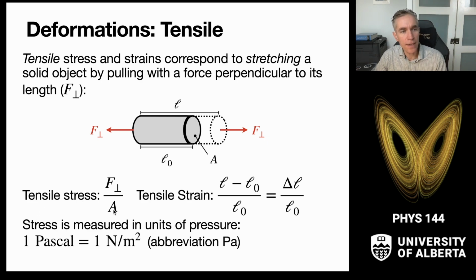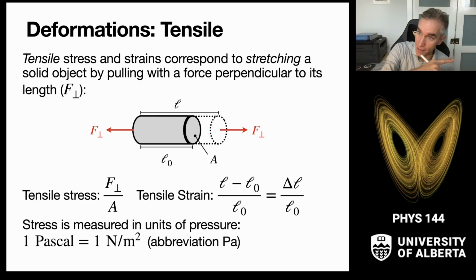And so a tensile stress is just the perpendicular force divided by the area, and the tensile strain is the fractional change in length of the object. That's the new length minus the original length, divided by the original length. Now, stresses, you'll notice, are forces over areas, and those are units of pressure.